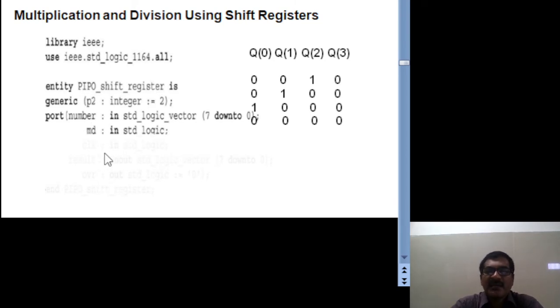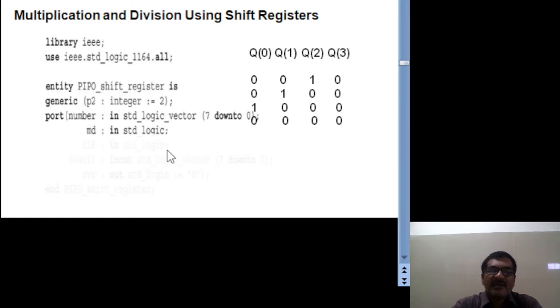Next, MD. So MD is multiplication or division. This is also input to the system. Okay. So mode is in, data type is standard logic. That means it holds either a value of 1 or 0. Usually for binary values, we use the standard logic data type.